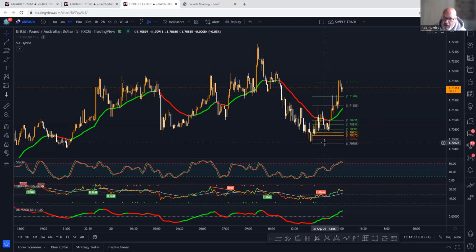It hasn't quite gone above the mid-level, and the MACD at the bottom is just turning red briefly.